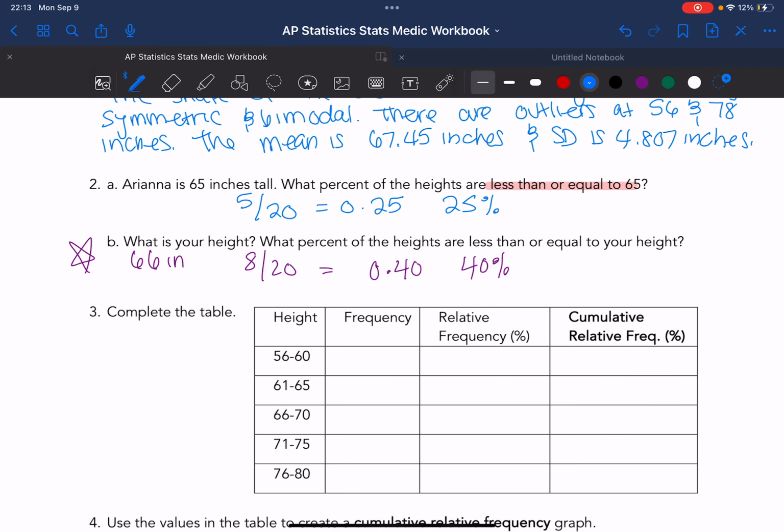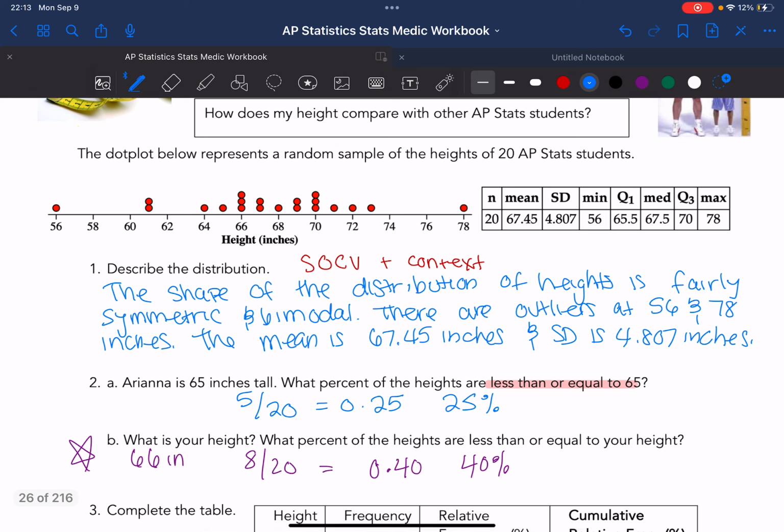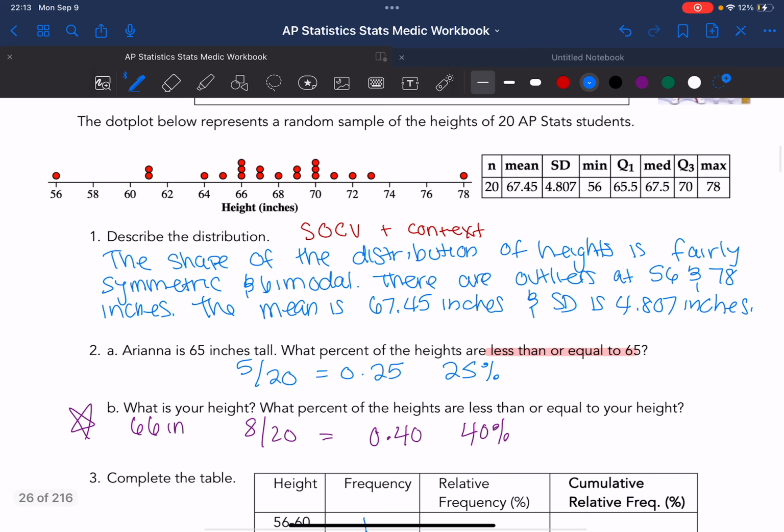And I'm just going to go ahead and do this for the whole table before I continue with each part. 61 to 65. So 61 to 65 right here. If I count that, that's 1, 2, 3, 4. So you should have got 4. 66 to 70.